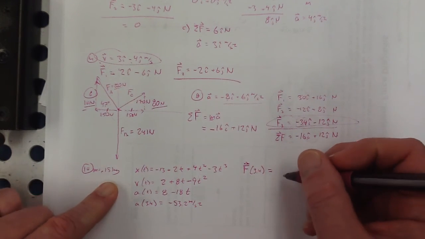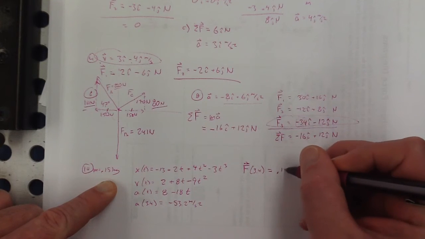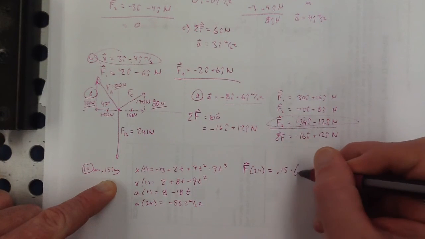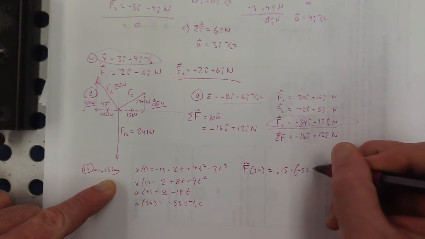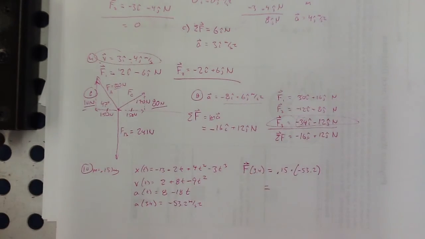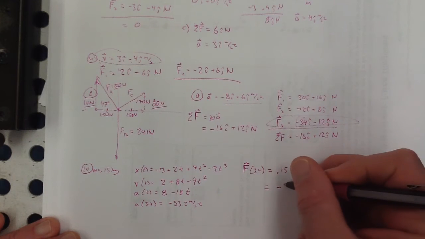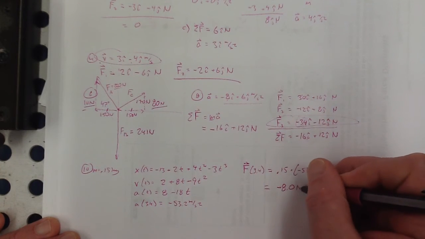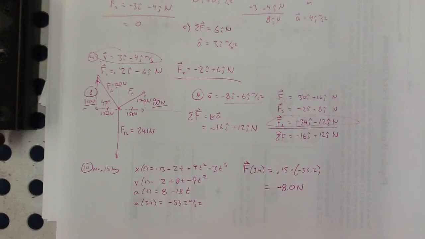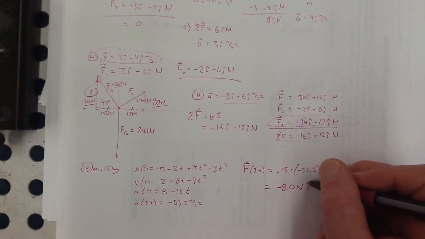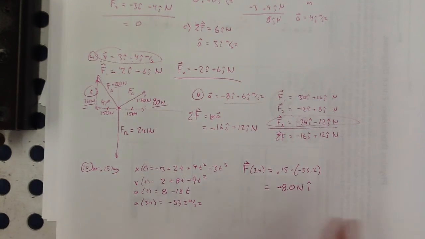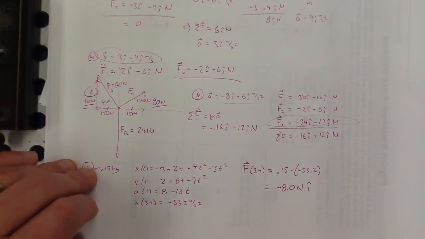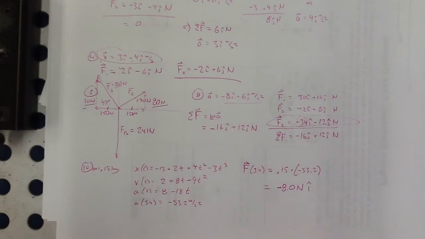So that is going to be 0.15 is the mass times negative 53.2, which is about 8 newtons in the negative direction. It's moving back and forth on an x-axis, so you could say that it's negative that in the i direction. Of course, if you only have movement along that one axis, there is no j direction.